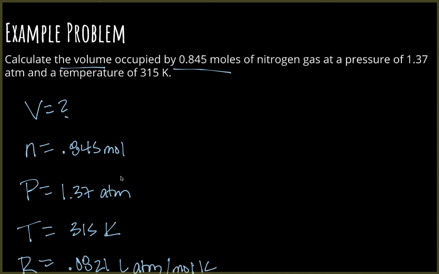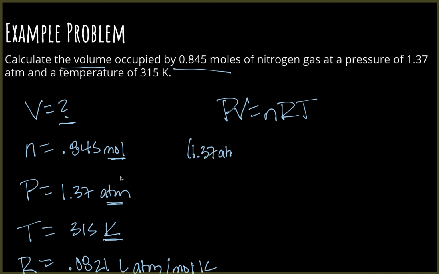Before we can use our PV equals nRT, we have to make sure that everything is in the right units. n is in moles, pressure is in atm, temperature is in Kelvin, and when we solve for volume, it will be in liters. So again, they have to match up with those units of that R value. Then after that, just like before, I can substitute everything in. 1.37 atm for pressure.